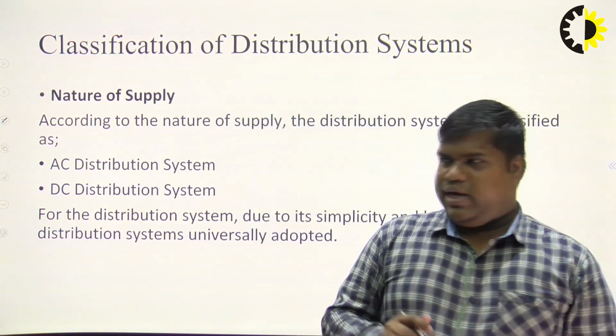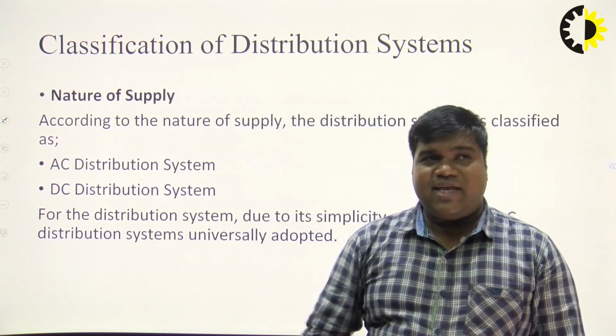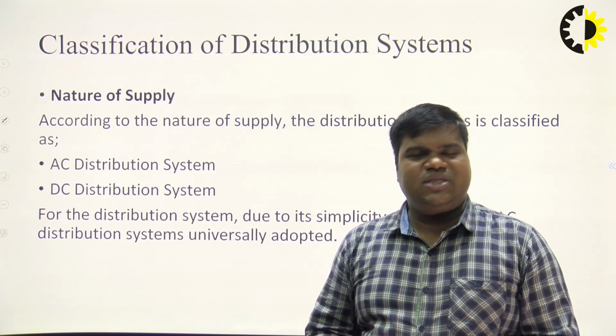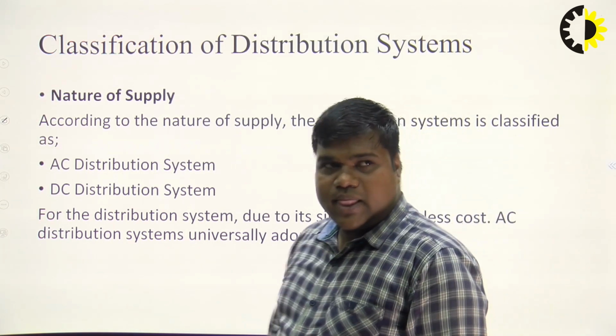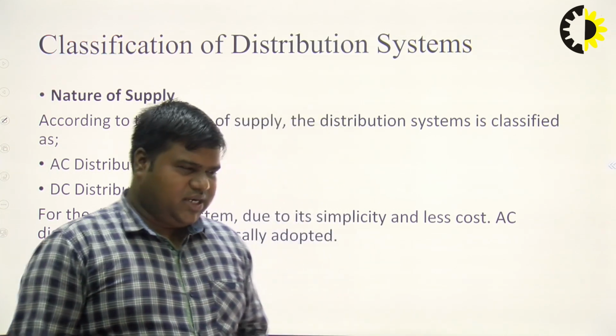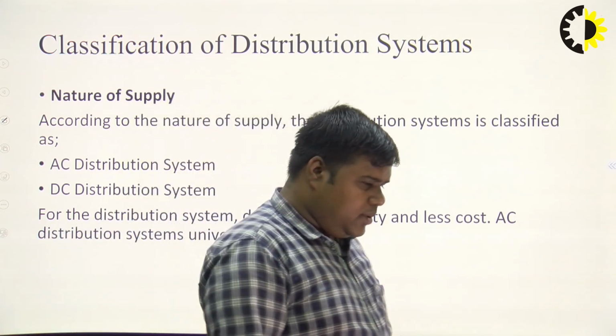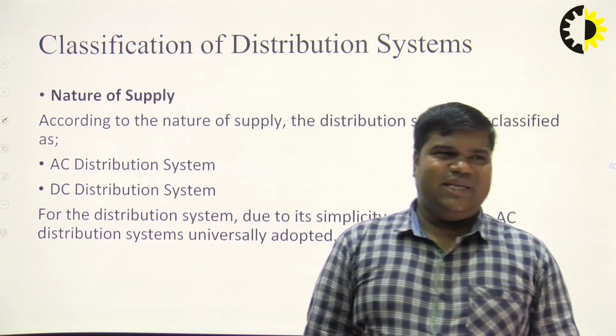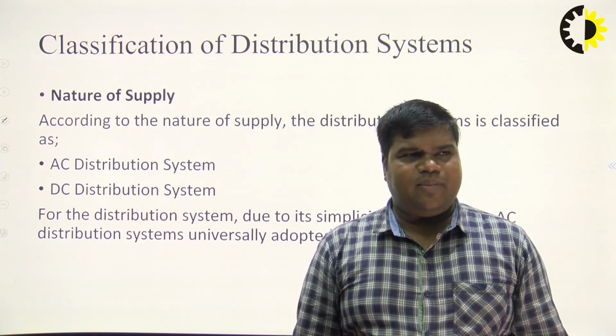Another part is the classification of the distribution system. How is the distribution system classified? One basic criterion is the nature of supply, or type of supply.